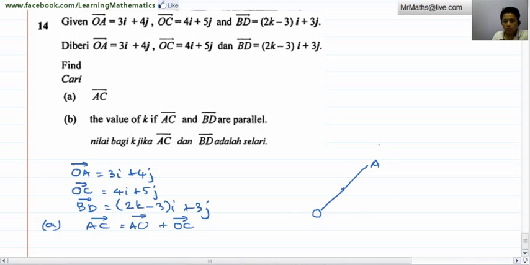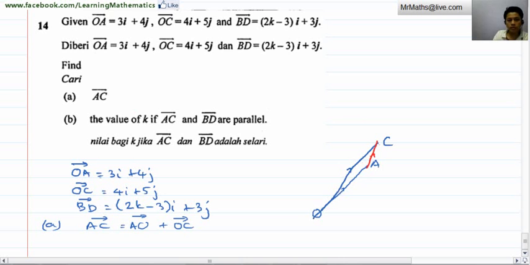It's somewhere something like this. It's quite close. So how do I draw that? Okay, this is C. And then AC, if you want to find AC, I write it in red, and it's equal to AO plus OC.